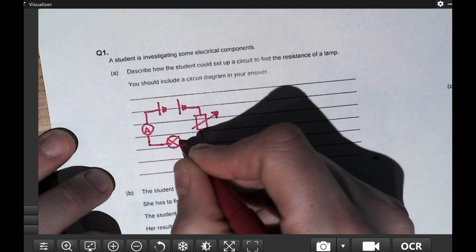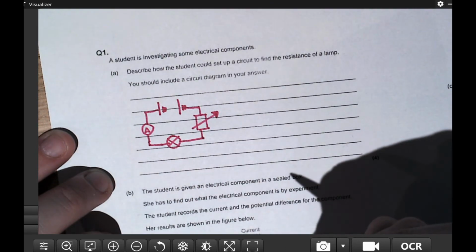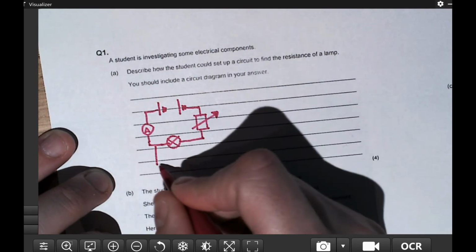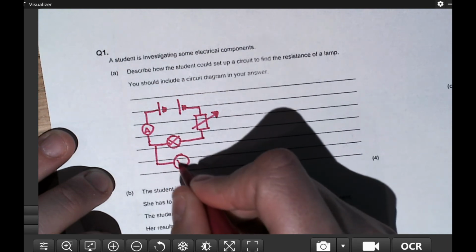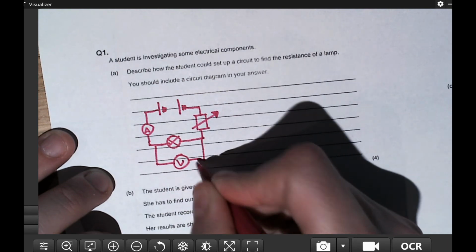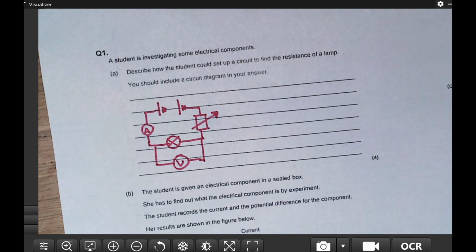We must make sure that all of these are connected, and we want our voltmeter in parallel across our lamp. Then we want to be writing, and I want to find a different colour pen.